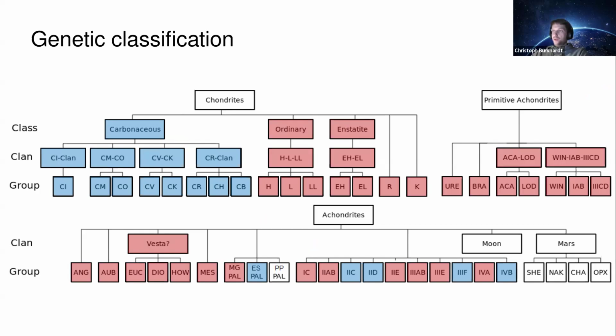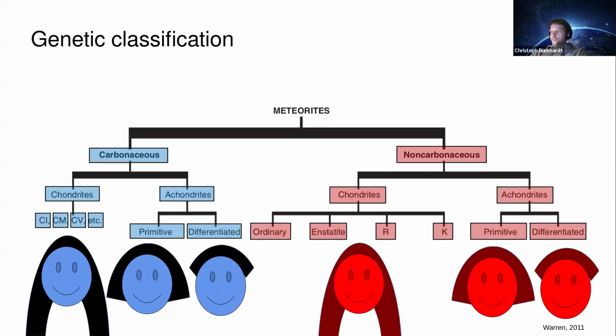And well, Paul Warren was mastering this, and he came up then with this new classification scheme where he classified meteorites into carbonaceous and non-carbonaceous as like supergroups or superfamilies. And in both of these families, you have chondrites as well as achondrites.